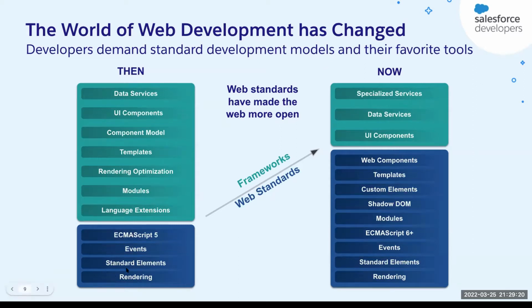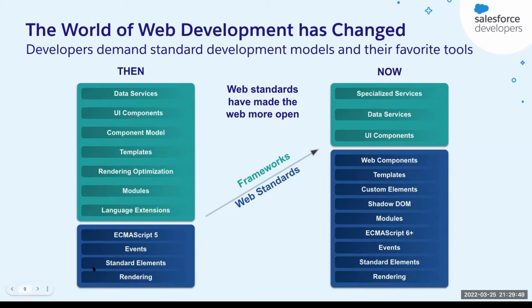Whatever is implemented in the browser, this box, is very small, and the functionality to be implemented by the JavaScript framework is really heavy. So every JavaScript framework can implement its own language extensions, its own way of implementing modules, its own way of optimizing the rendering mechanism, its own way of building the component model, and so on.